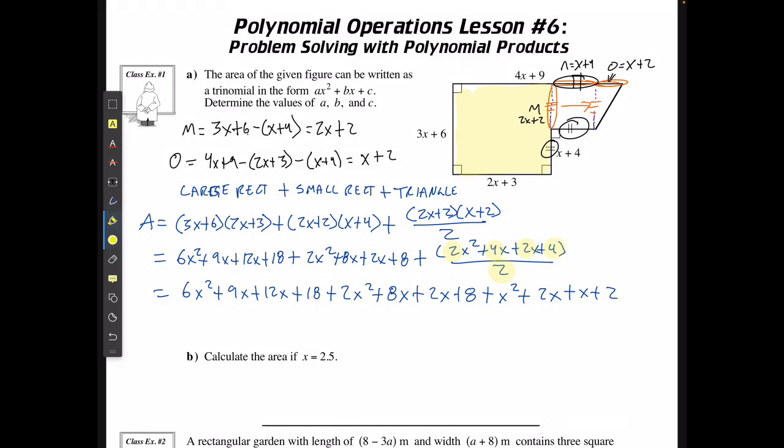And I'm going to combine all my x squareds, I'm going to combine my x's, and I'm going to combine my constants.